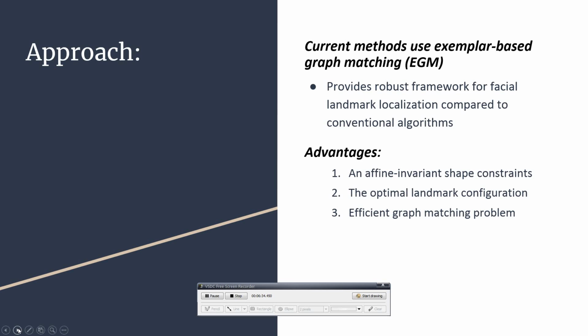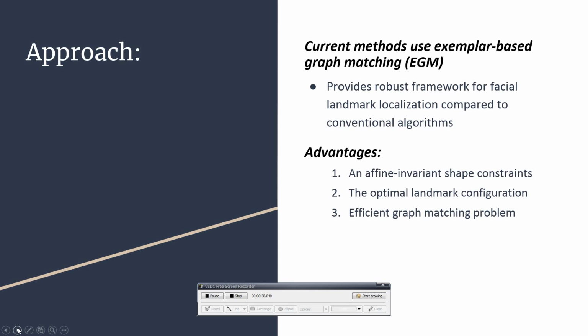EGM provides a robust framework for facial landmark localization in comparison to these conventional algorithms. It uses graphs to encode structural information and compare inexact matches to find the best possible matches among a range of data. EGM has 3 specific advantages over other methods, and these are as follows.